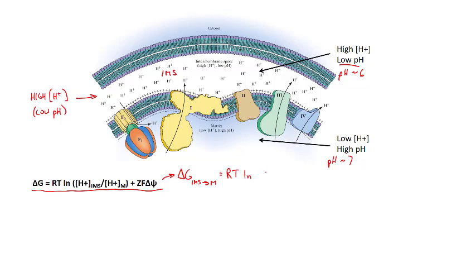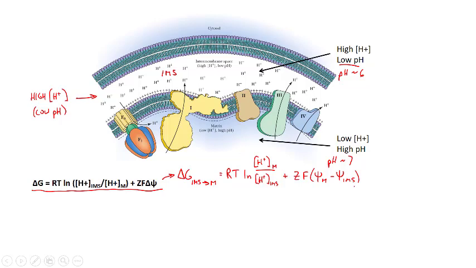RT natural log of proton concentration in the matrix over proton concentration in the intermembrane space plus ZF psi matrix minus psi IMS.